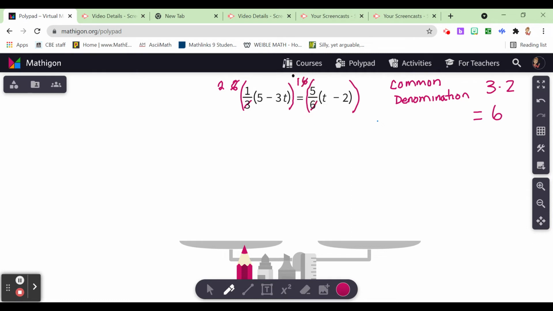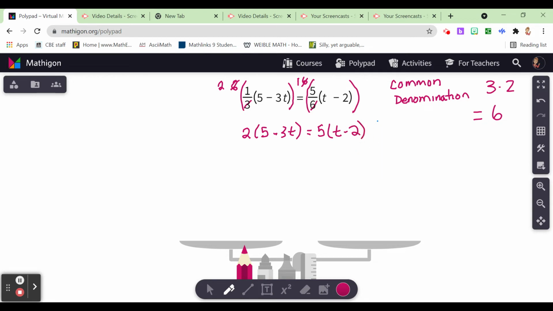So it's not 0, it's 1. So now I can go 2 times 1 is just 2. And then I still have these brackets. Okay. And then here I have 1 times 5, which is just 5. And then I still have what's in the brackets here.